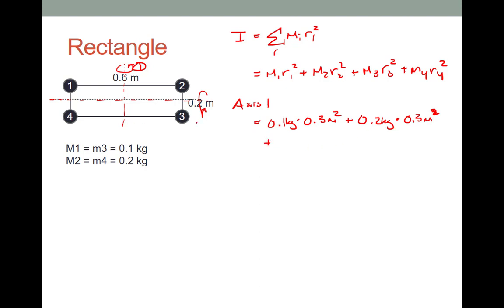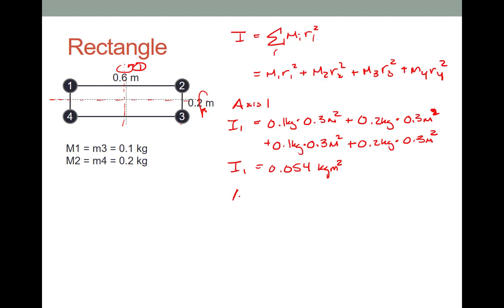Plus mass 3, this one, which is 0.1 kilograms, also 0.3 meters away. Plus mass 4, which is 0.2 kilograms, times 0.3 meters squared. And if you multiply and add, that gives you a moment of inertia of 0.054 kilogram meters squared about axis 1.